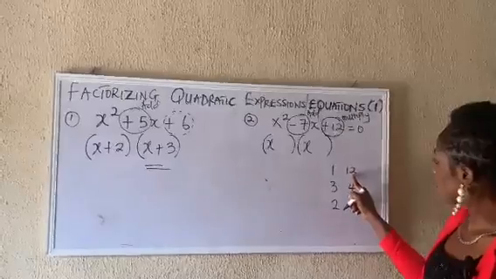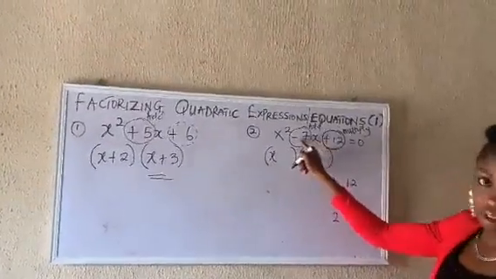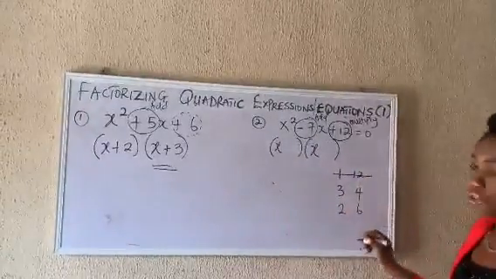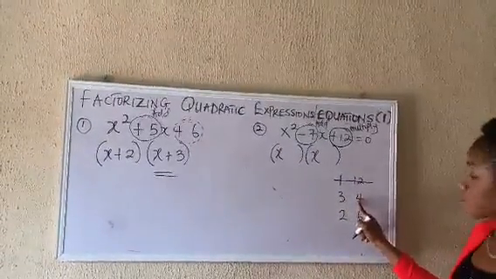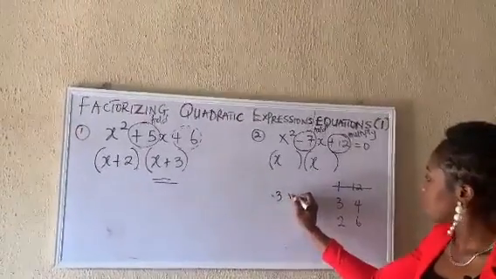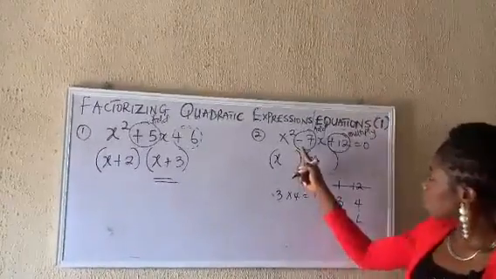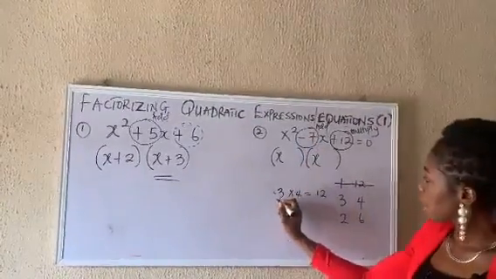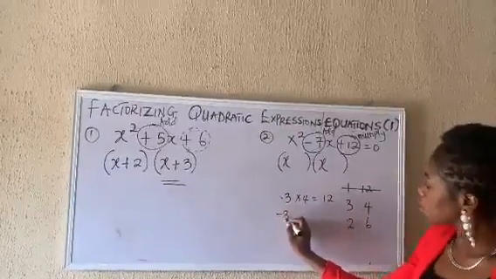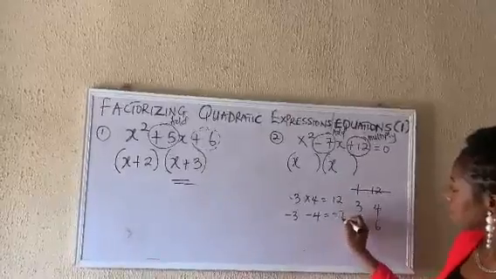1 times 12 is 12, but 1 plus 12 or 1 minus 12 cannot give us minus 7. So this is off. 3 times 4 will give us 12. Let's check. 3 times 4 is equal to 12. Then which one will give us minus 7? We have minus 3 and minus 4 will give us minus 7.